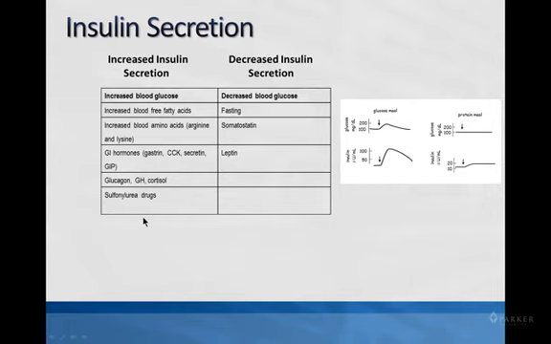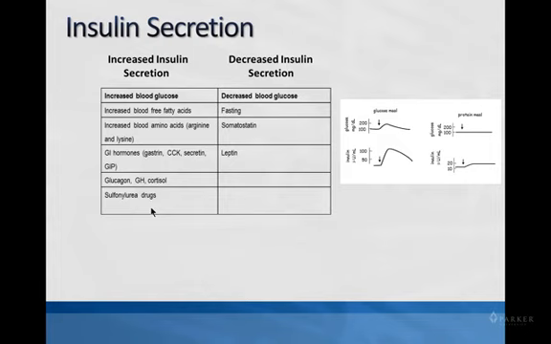Now the last one here is these particular drugs that are used in the treatment of diabetes, and specifically type 2 diabetes. What they do, their mechanism of action, without going too deep into detail, is they promote increased secretion of insulin by the islet cells in people with type 2 diabetes mellitus.